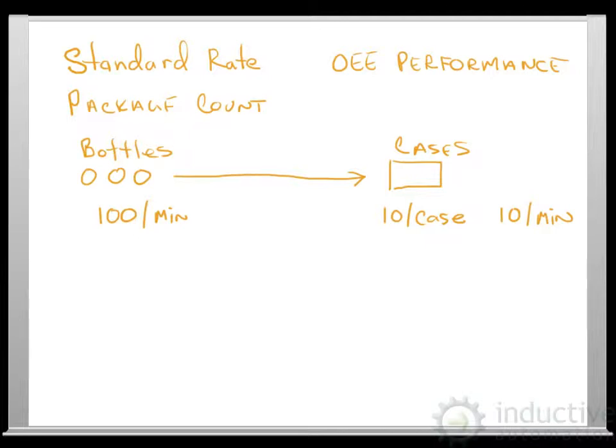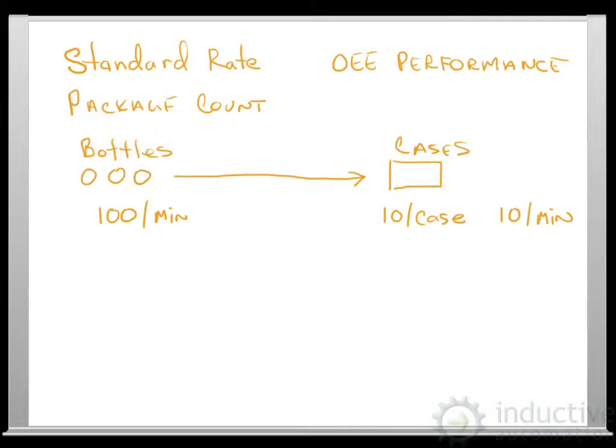So we need to know this 10 per case, and then in the OEE downtime module, we do all the math and determine, okay, we have 10 cases, and each of those has 10 bottles in it. That makes up for this 100 that came on the line.